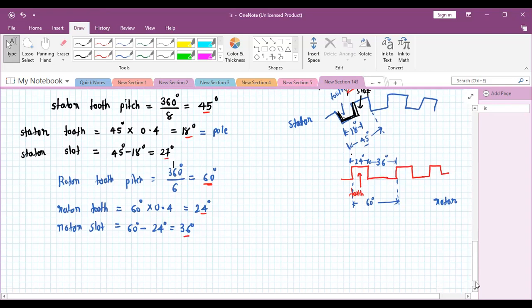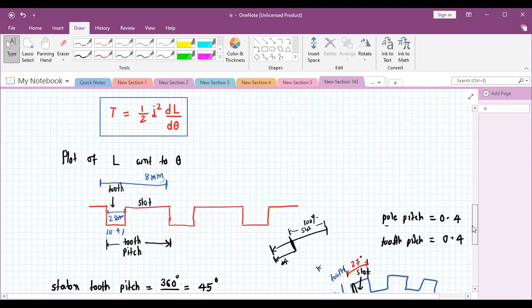Now the motor has a cylindrical structure. If we take a cross section, it is circular, like this.